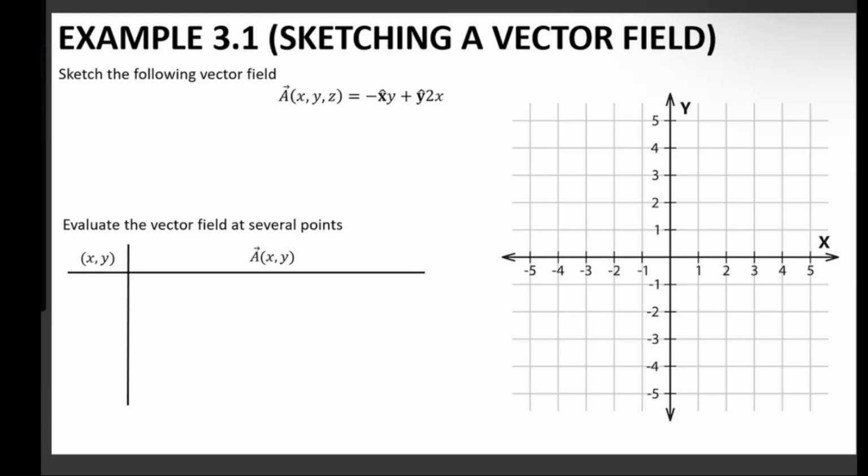So let's say we have a function of x, y, and z, which is for Cartesian, equal to minus y in the direction of x plus 2x in the direction of y. Let's take x equal to 1, y equal to 1, so at this point we substitute.